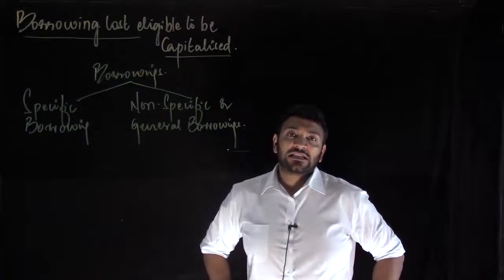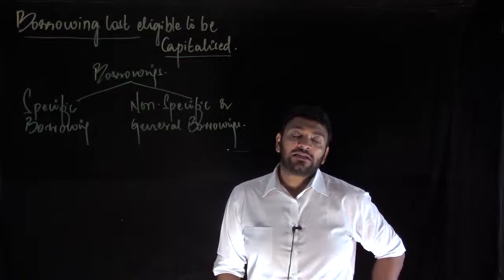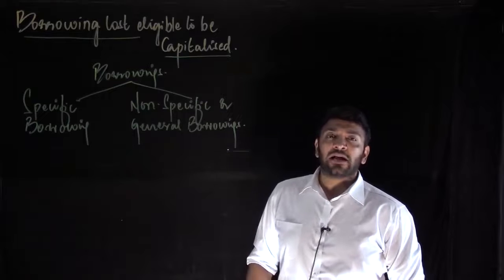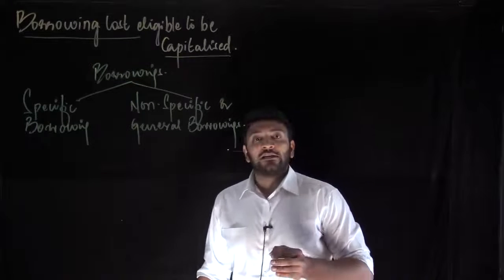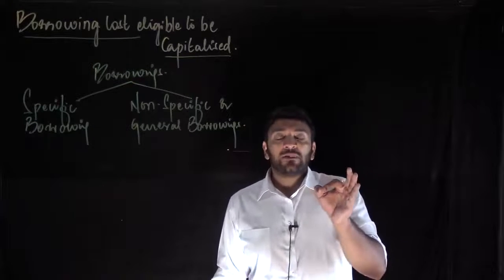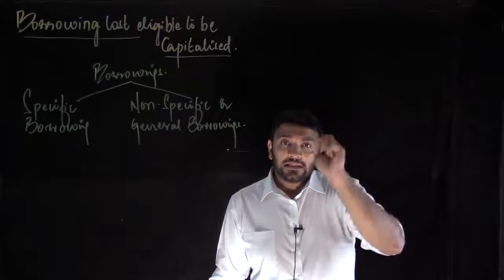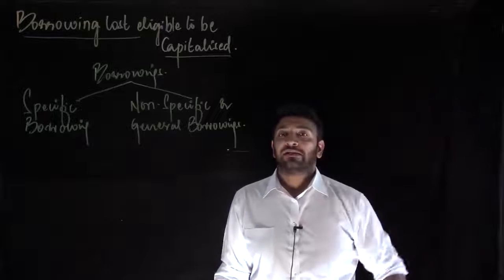What does each one stand for, or how do I define what is specific and what is non-specific? Specific borrowing, what do you understand by that? The first look of it will explain you that this borrowing is specifically taken for the qualifying asset. As simple as that. This borrowing is taken for this qualifying asset.